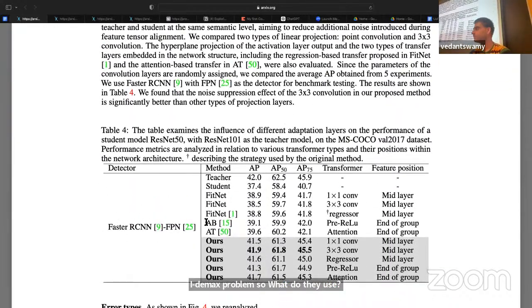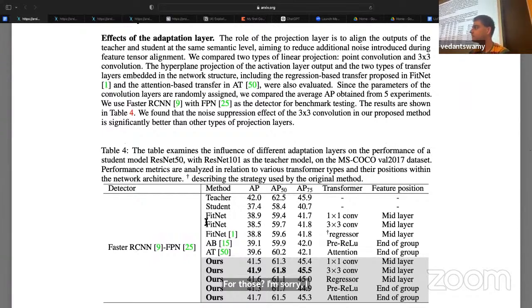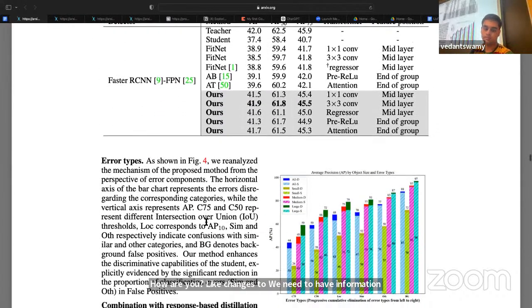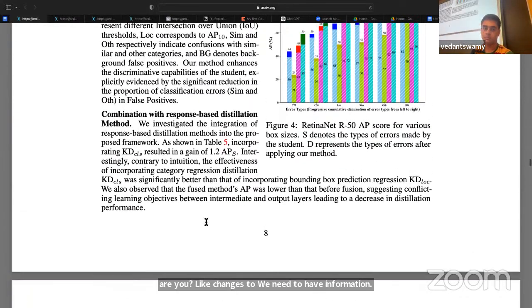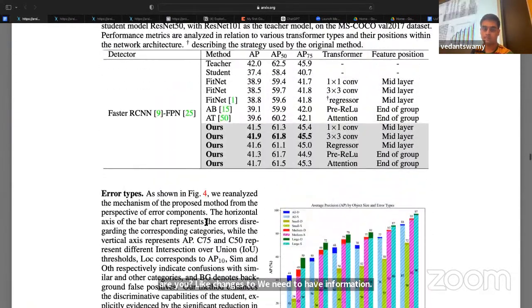Oh, like how exactly do they train the student for the distillation? Probably they have that information in the appendix. Yeah, see over here they give results per layer as well.